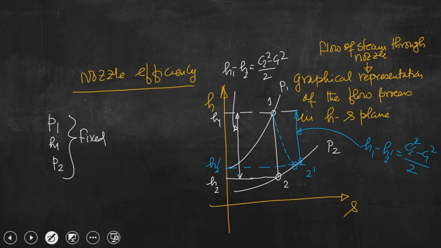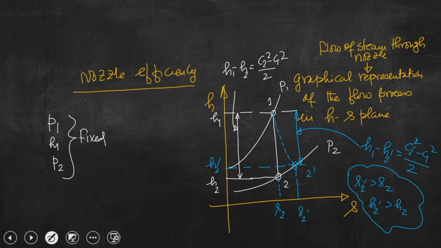So, this is what we can write, and what we can see is that because of the fluid frictional effect, thermodynamic irreversibility will be there. So, if we write this as S2 and this as S2 prime, we can see that S2 prime is greater than S2 and H2 prime is greater than H2.